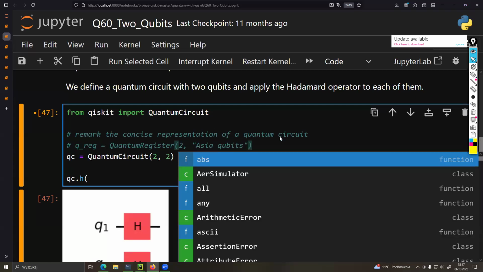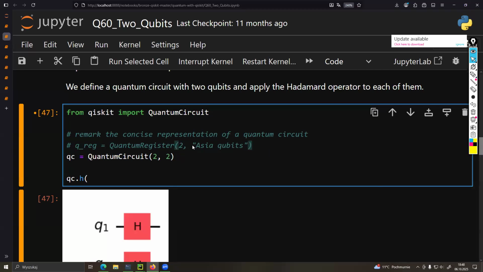To represent some of the future uses. I could pass a name. This is an advantage of the plain open definition, where I store it in a variable, I could just invoke a quantum register, instantiate it, and pass a name. However, if I do not want it, I can just pass in a simple number like 2.